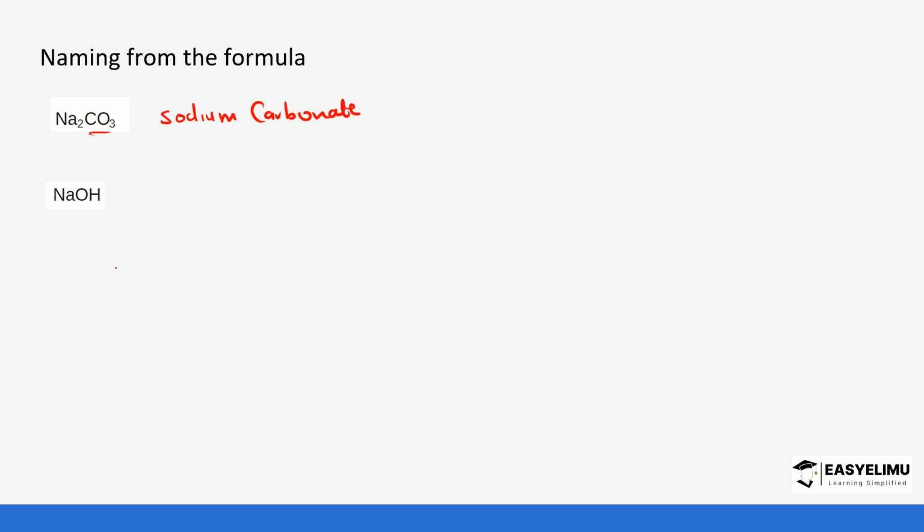So next we are going to look at the opposite. So apart from forming, you can be told to name compounds that have already been formed. So when we name this, it becomes sodium carbonate. The carbonate from the carbonate here. And then this becomes sodium hydroxide.